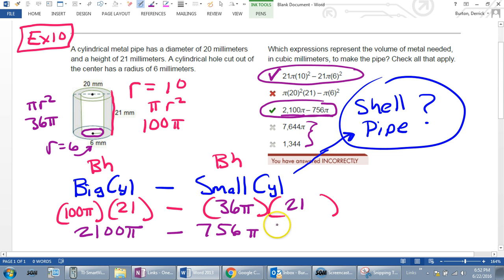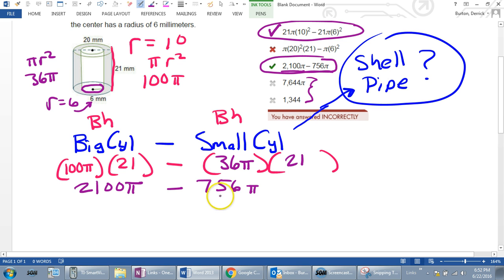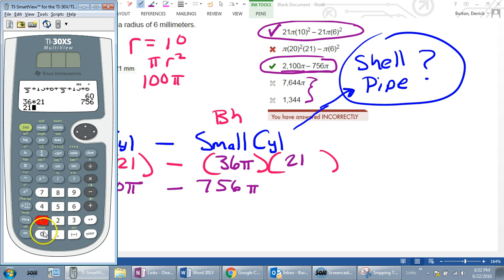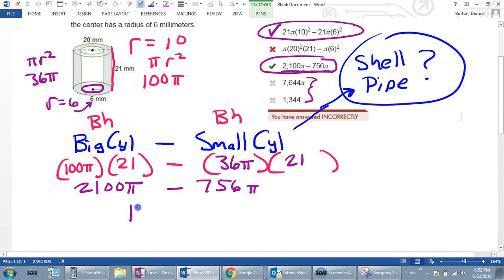Okay, if I put these together, I would have to subtract 2,100 minus 756. That's 1,344. So this is the same thing as 1,344 pi.